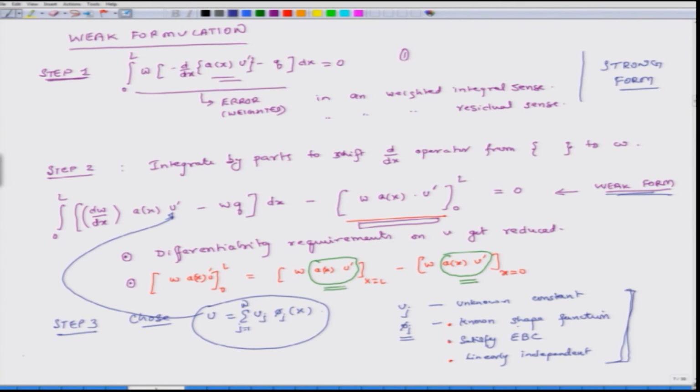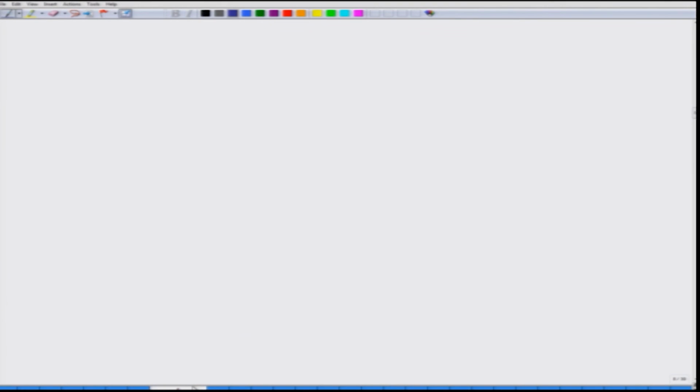So, then what I get is this equation, and I am summing up j equal to 1 to n.